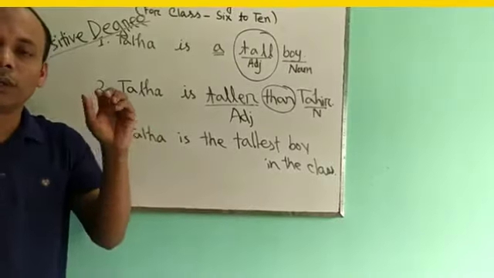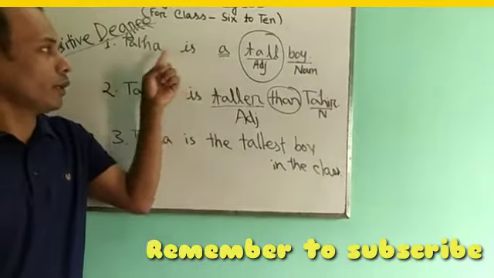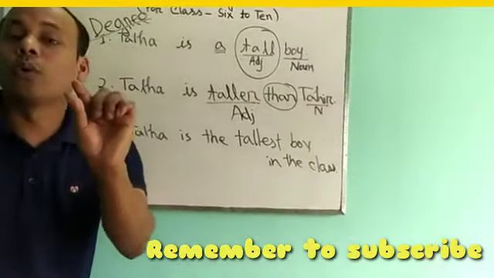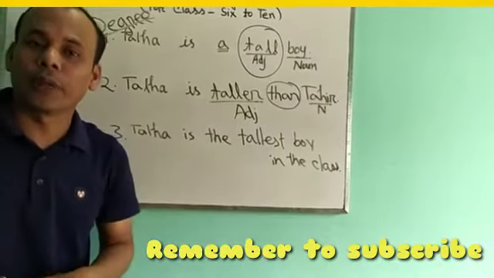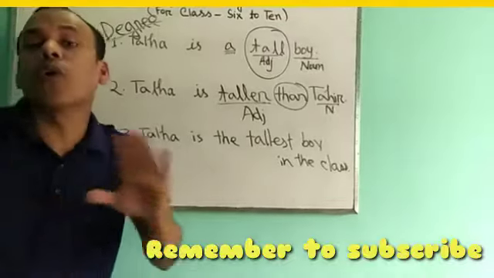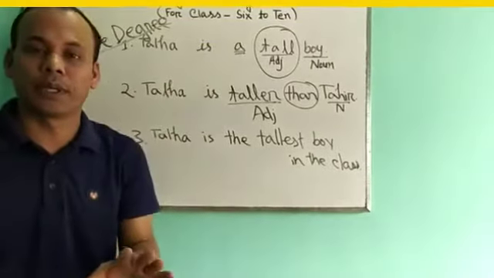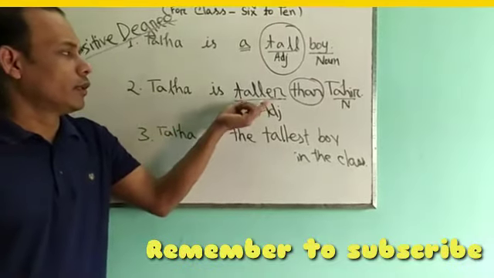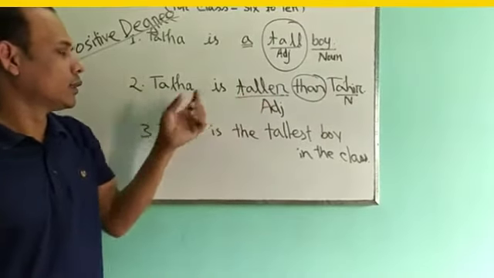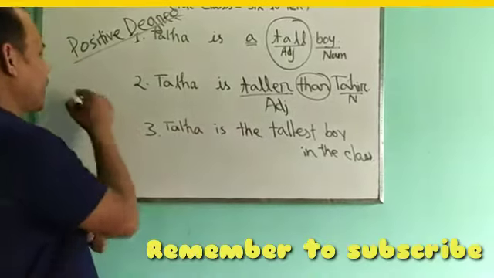যখন কোন অ্যাডজেক্টিভ ওই সাবজেক্টে বিশেষিত করবে কিন্তু অন্য কারোর সাথে তুলনা করবে না, ওটাকে বলা হবে পজিটিভ ডিগ্রি। In the second sentence we find the comparative adjective.